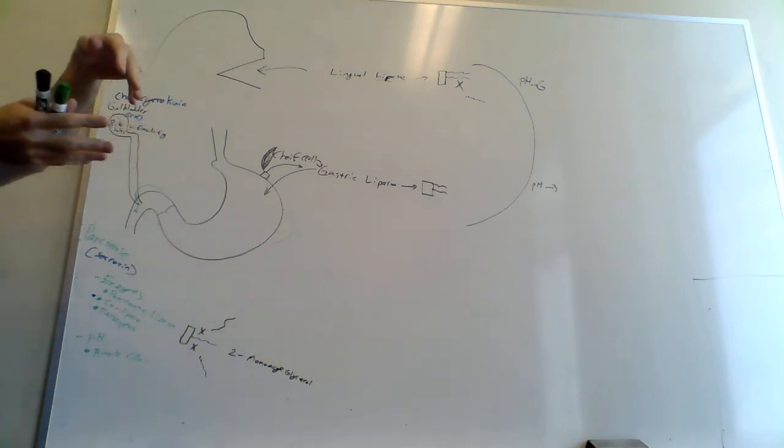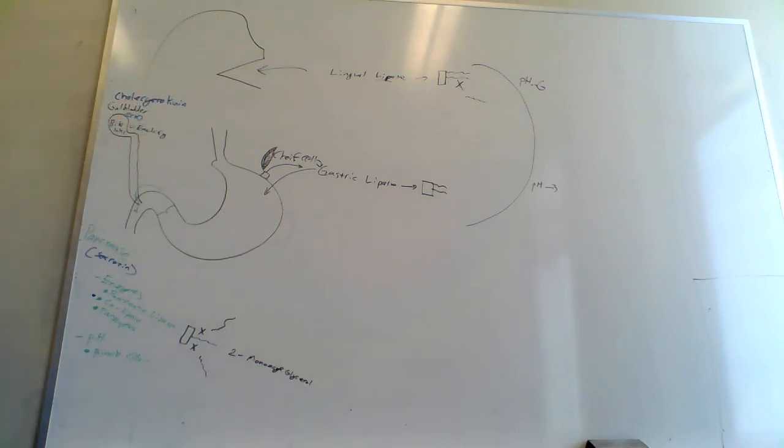They both do the same thing. Where do they come from? One's from the mouth, one's from the chief cells of the stomach. Great, we're done with those. Then, what's the 3rd preparation thing? Gallbladder. Gallbladder has bile. What is it activated by? What does bile do? It is activated by CCK. It emulsifies fat. Okay? Done with prep.